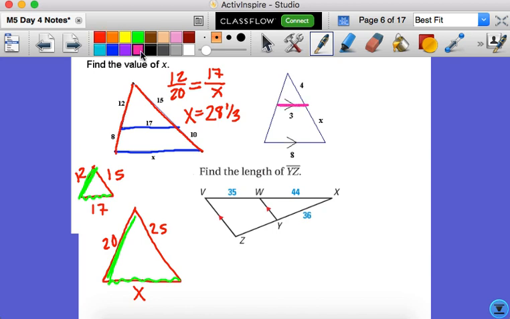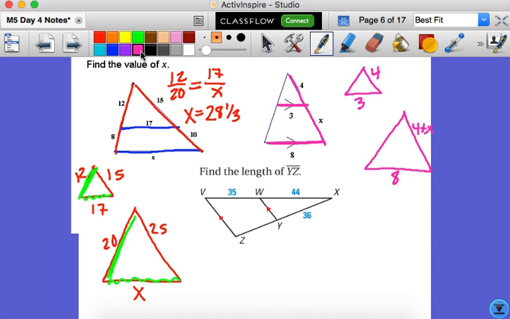Since we're using these parallel bases, we've got to look at these in terms of triangles. So I've got 4 and 3. And on the right-hand side, I have 4 and x put together. So notice that's not 4x, that's 4 plus x, and 8.